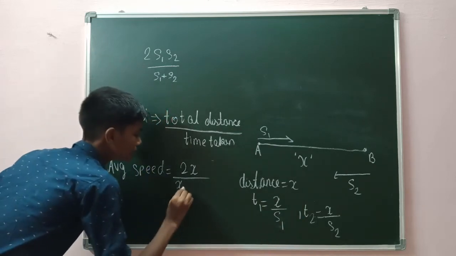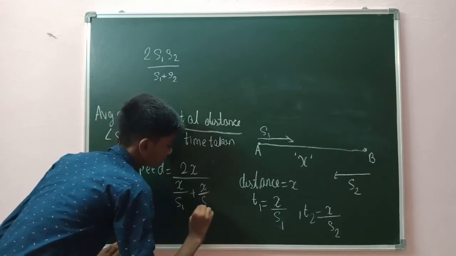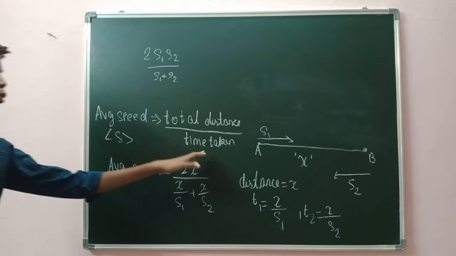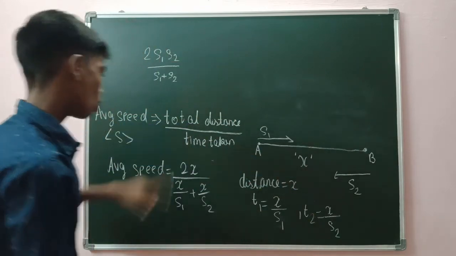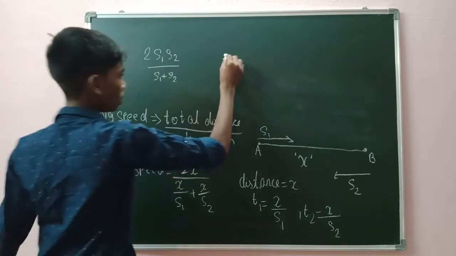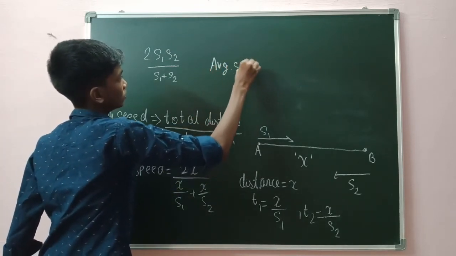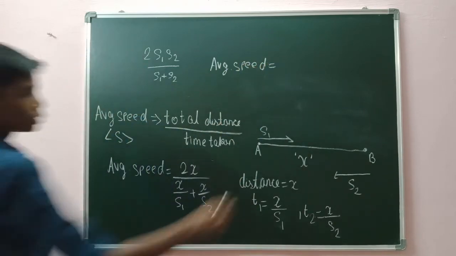So what is T1 plus T2? x by s1 plus x by s2. Correct now, guys? So your total time taken is T1 plus T2 for the whole trip. Now you are supposed to solve it. So average speed will be 2x divided by x by s1 plus x by s2.